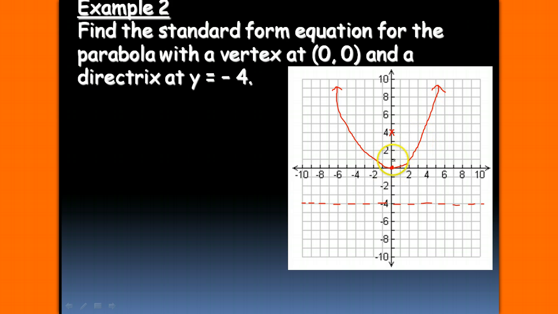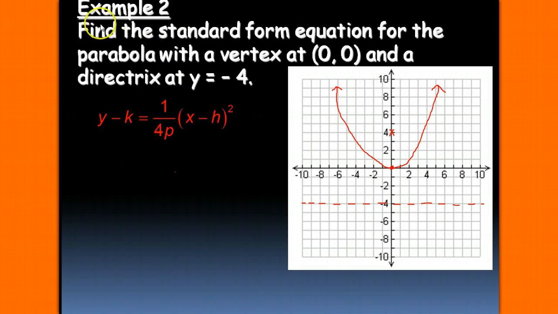It's close enough. All right, so now we're going to have to use our y minus k formula right here. So we're going to have y minus k equals 1 over 4p again, times x minus h squared. Okay, so we have our k and our h.